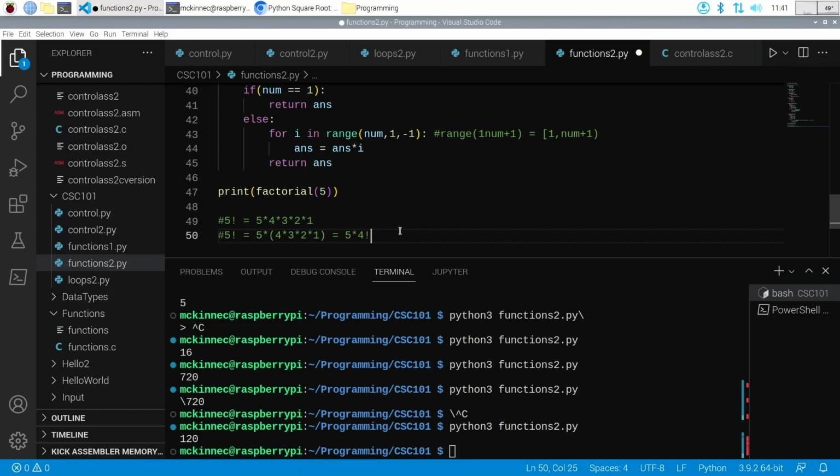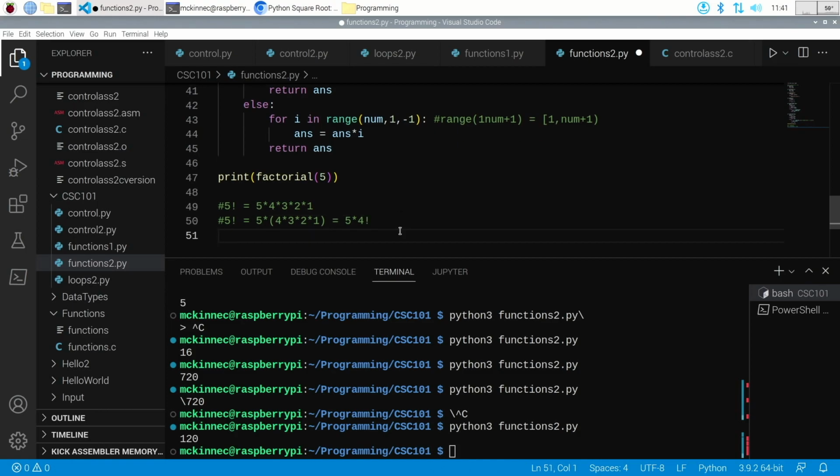Because here's how I really like to think about it. I'm going to think of this like an onion. I can peel off the outer layer of the onion, and what's left inside is just a slightly smaller onion.